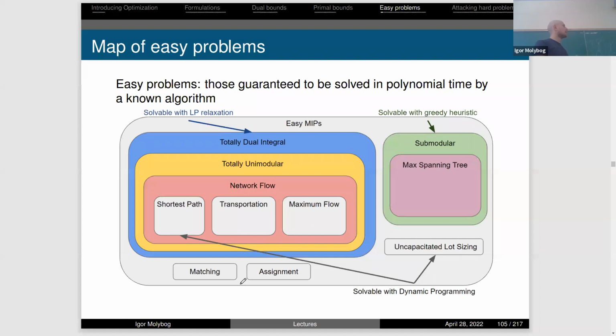For example, those that are based on the algorithms used for obtaining dual bounds and primal bounds, such as the LP relaxation and the greedy heuristic, and also some other types of algorithms that are not usable for obtaining bounds, but also very important in practice, such as the dynamic programming algorithm.